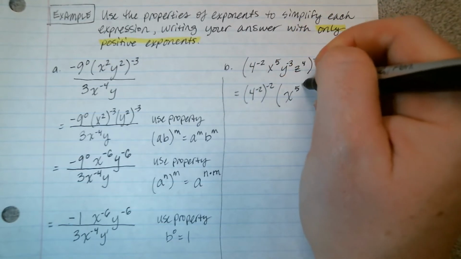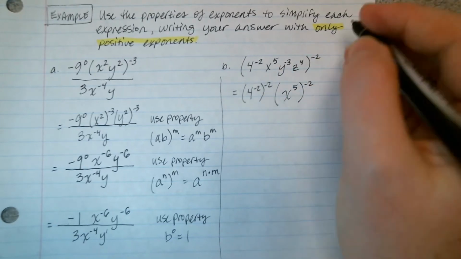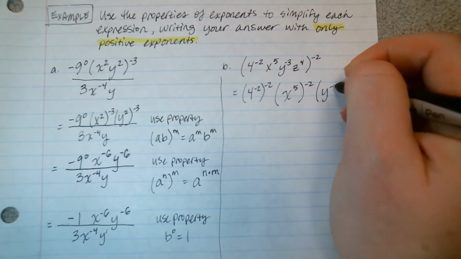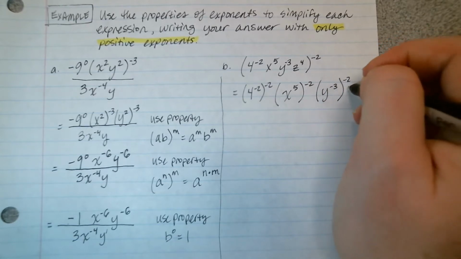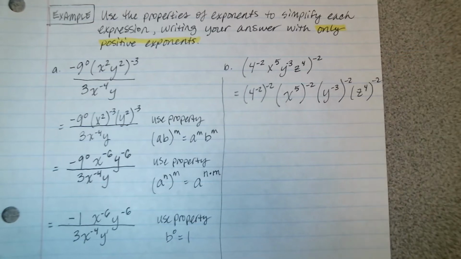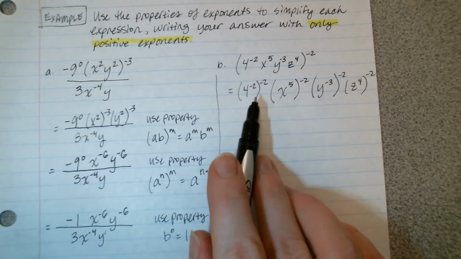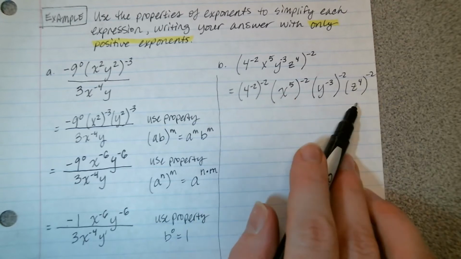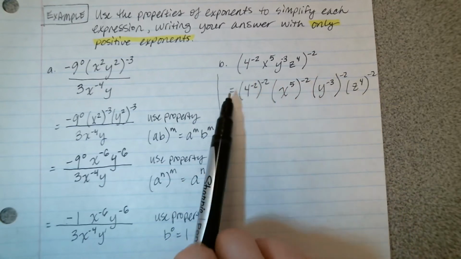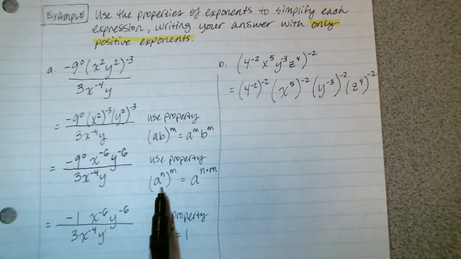Again, notice my use of parentheses. All of x to the 5th is being raised to the -2. The last thing that you want is to make it look like subtraction is occurring in that exponent if that's not really what you want. Okay, so each of these factors, these are all being multiplied. So I'd like to eliminate each set of parentheses here using the same property written right here.